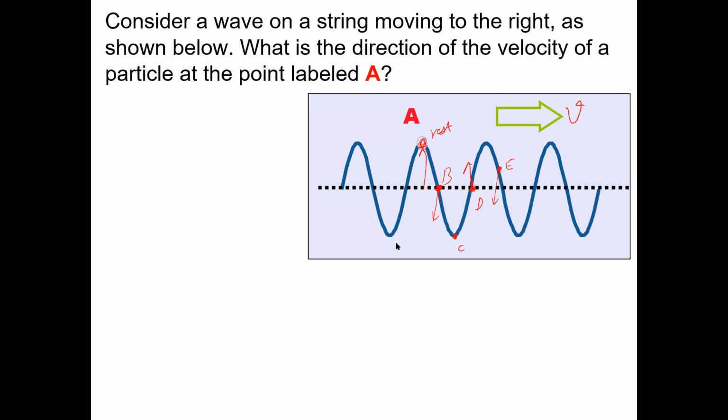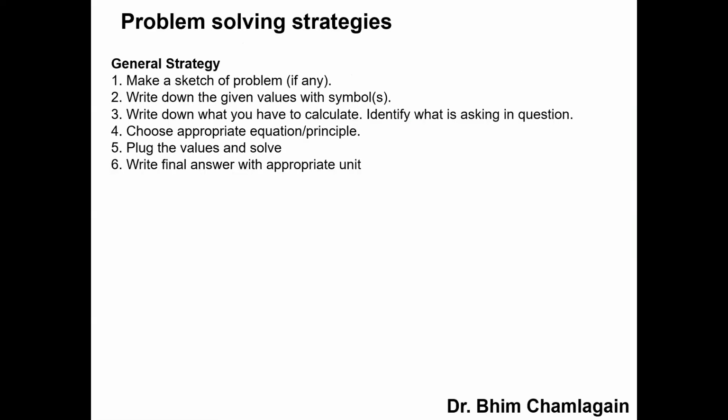So I want to go back and do some more problems. To do the problems, you always want to make sure you are doing the right thing. So I have a general strategy for problem solving. First, you make a sketch of the problem, if any.